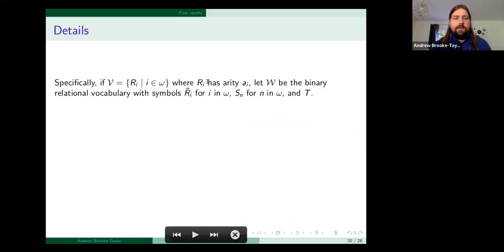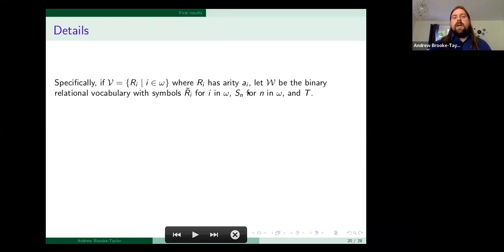So let me give you some details, but it's mostly going to be pictorial. Let's say I've got these V relations, Ri of arity Ai, and I'm going to take a binary relation symbol Ri bar for each of the Ri's that we originally had.